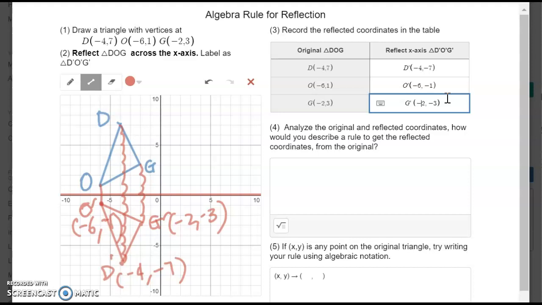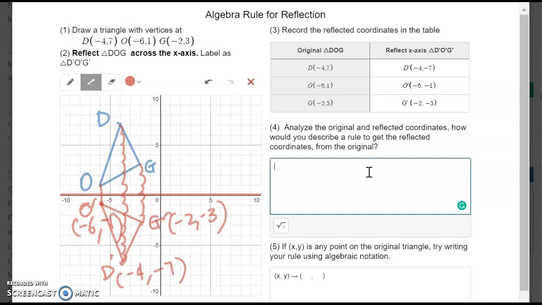Okay, so now look at how the numbers have changed. The x values: -4 to -4, -6 to -6, -2 to -2. The x did not change at all, right? So I can write here the x coordinate did not change at all.